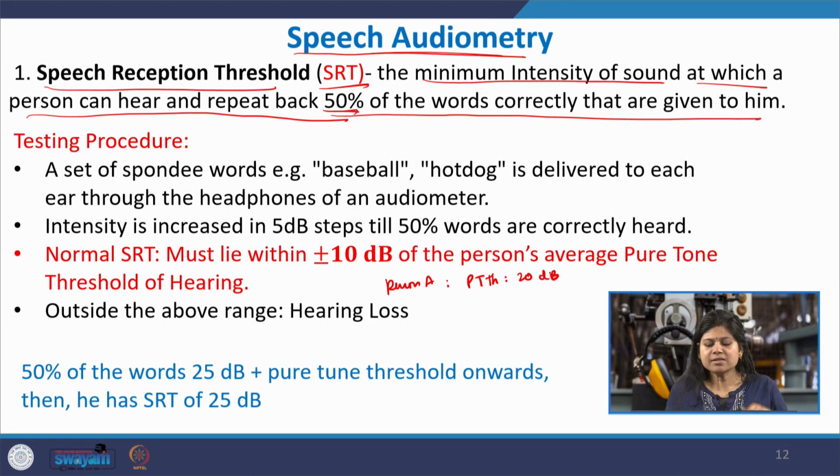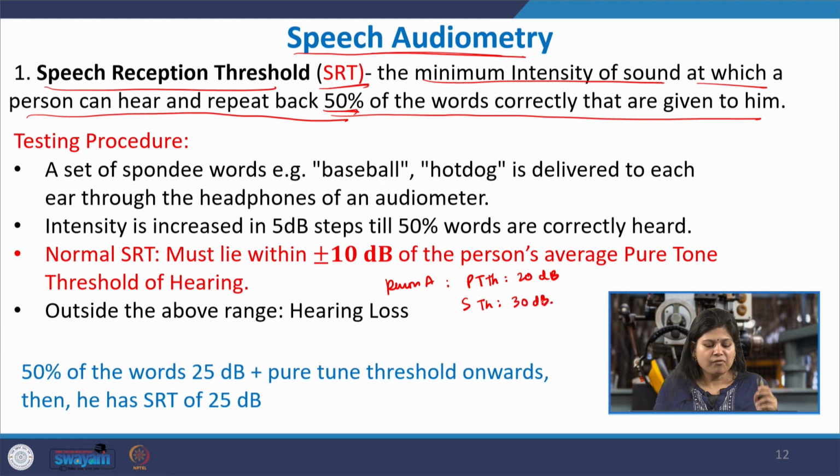Now we do speech audiometry with the same person A and we note down the minimum level at which person A starts to hear at least 50% of the words in the list correctly, and let us say the speech audiometry threshold comes out to be somewhere around 30 dB.